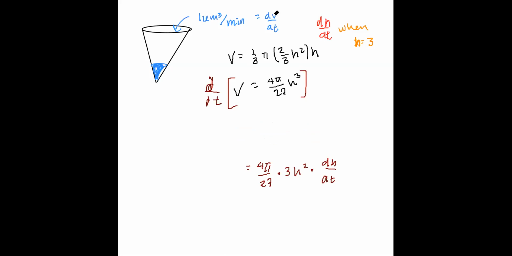So this is going to end up being dV dt is equal to 4 pi over 27 times 3 times h squared times dh dt.